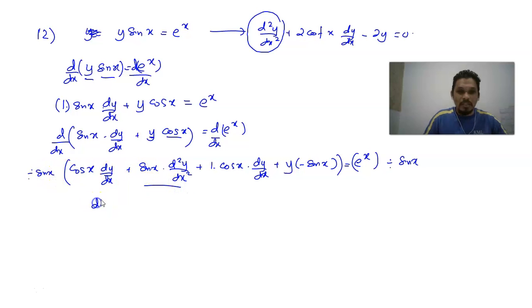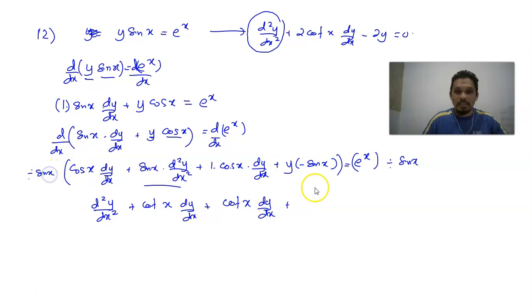So this is second derivative of y respect to the x. Okay, cos over sine is plus cotangent x dy dx, okay, plus with cos over sine equal to cotangent x dy dx, and sine x divided by sine x, negative y, sine divided by sine equal to 1, then equal to e^x divided by sine x.